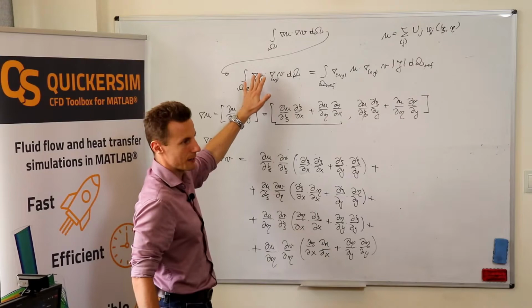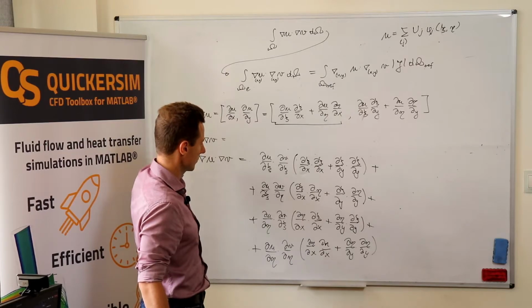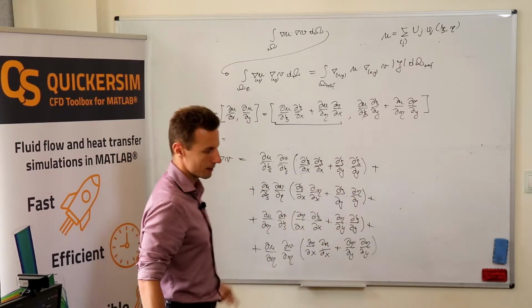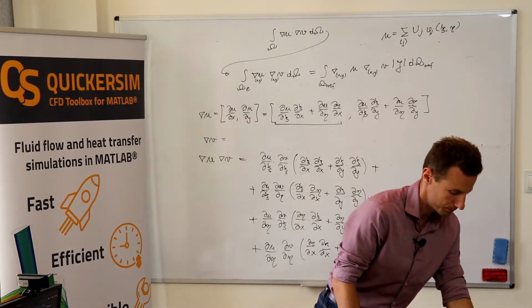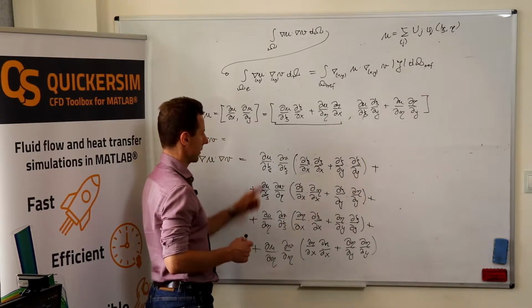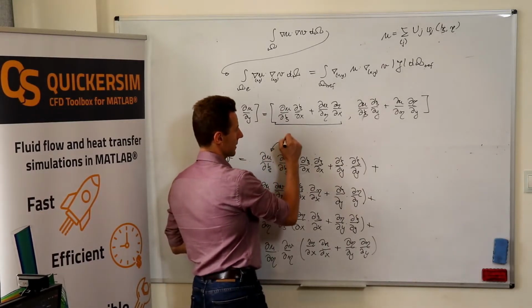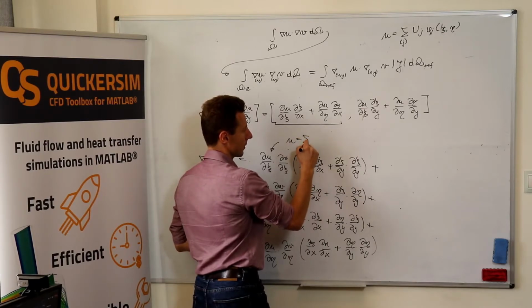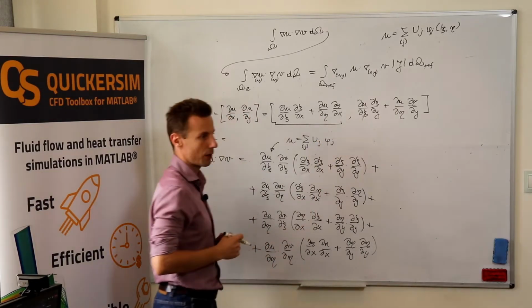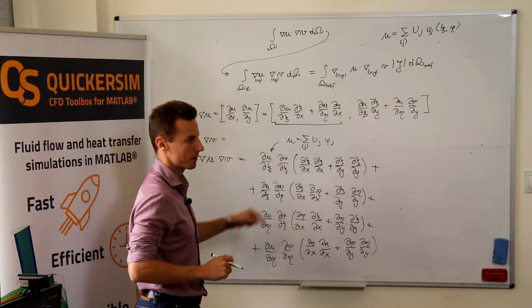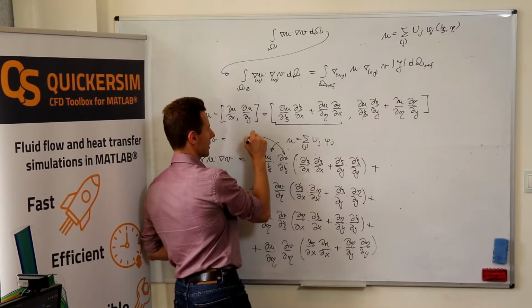We are aiming at calculating such an integral, keeping in mind that actually each u is the sum of all j's of u_j phi_j, and these test functions are like phi_i.